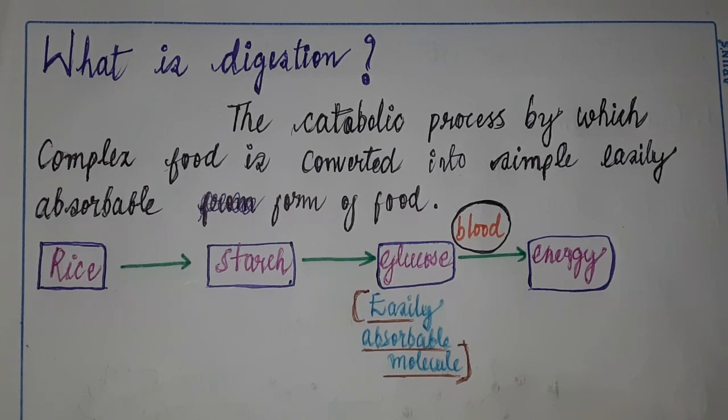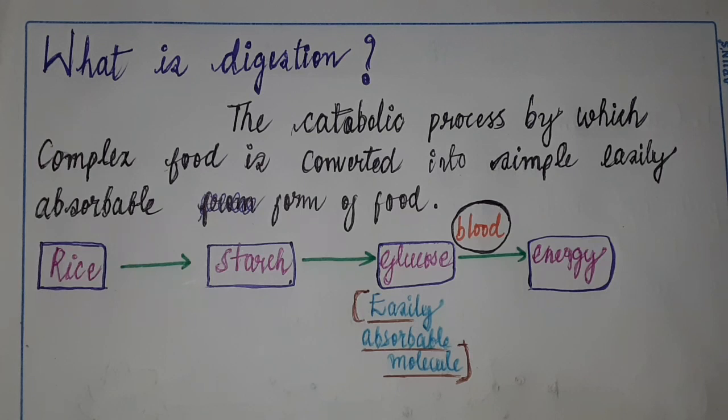See, why should the complex food material break down into a simple and easily absorbable form of food? Because rice cannot enter into your cell, because rice is macroscopic and your cell is microscopic. Rice is a larger molecule, right? So it should break down into its smaller units so that only then can it enter the cell, thereby enter the mitochondria, so that only then can it oxidize.